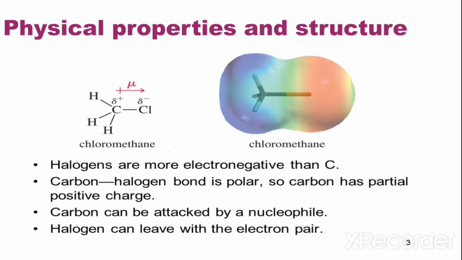So the next point is that the halogen can leave with the electron pair. When the halogen, the partial negative charge, leaves, it will leave with the electron pair from the carbon, and it will leave as a negative charge.